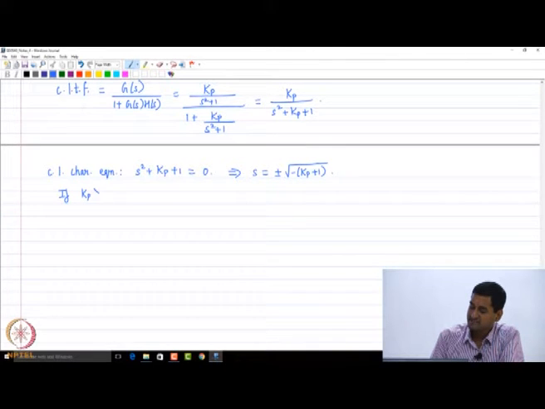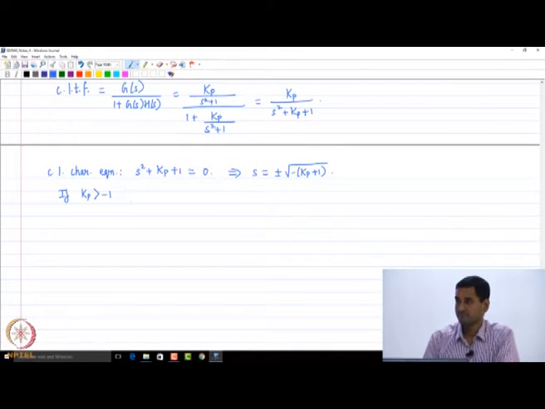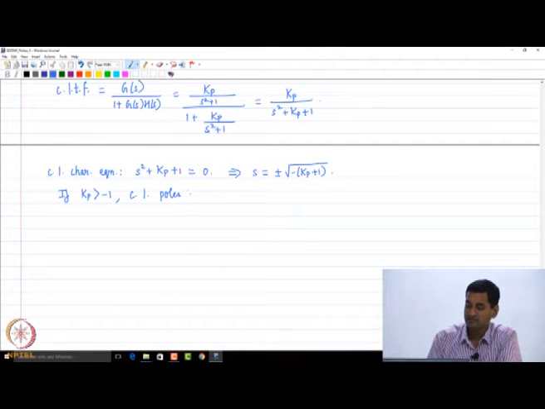Let's say if Kp is greater than minus 1, what's going to happen? Kp plus 1 is going to be positive. Then what are we going to have? Closed loop poles on the imaginary axis. I hope all of us agree. So if Kp is greater than minus 1, we have closed loop poles on the j omega axis. Is that desirable? No.